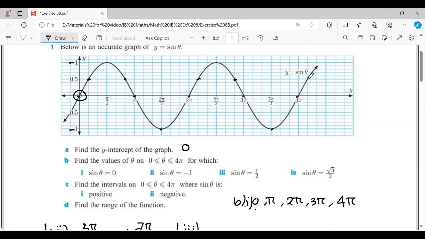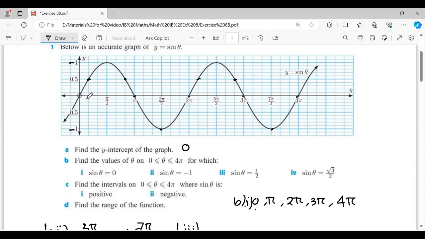Not including this one, because it's just until 4 pi. To make it easier to identify those points, we find this point.